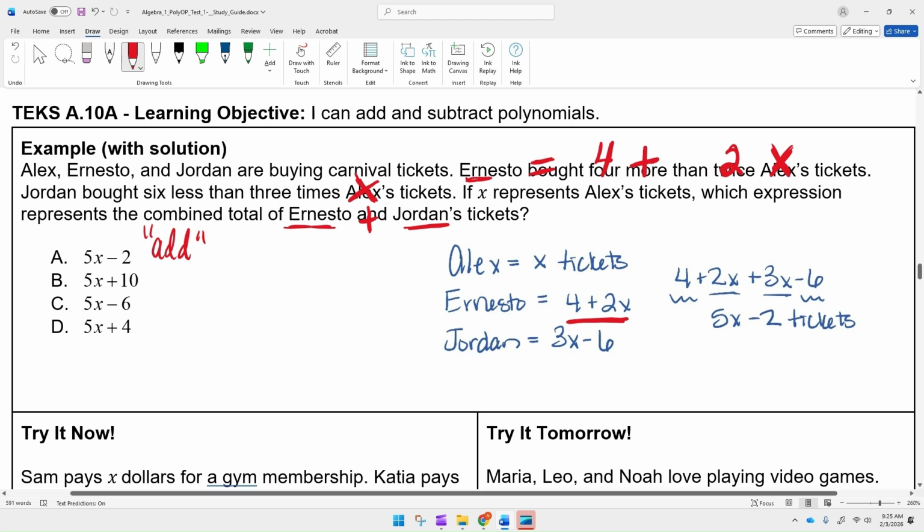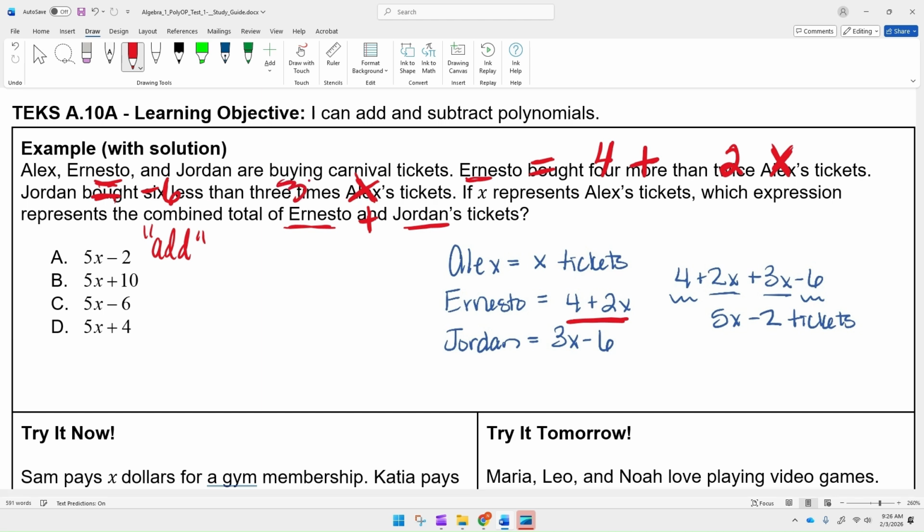Then Jordan bought, so bought is again another equal to 6 less. Here's the tricky part. Whenever you see 6 less, or some number less than another number, the number in front is the minus, not the 3x.